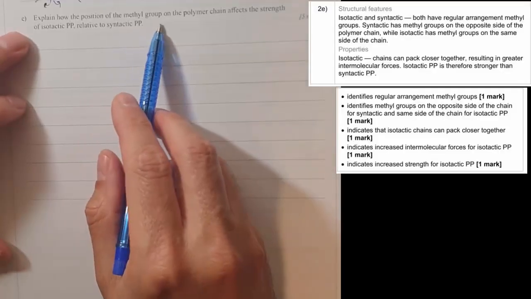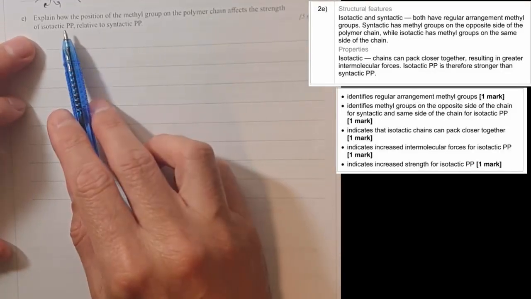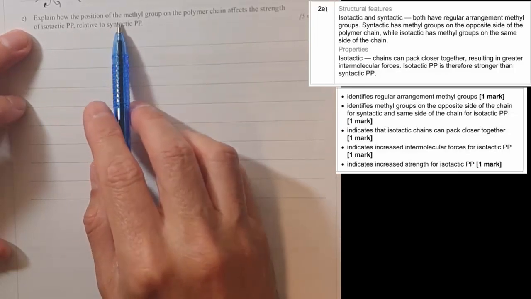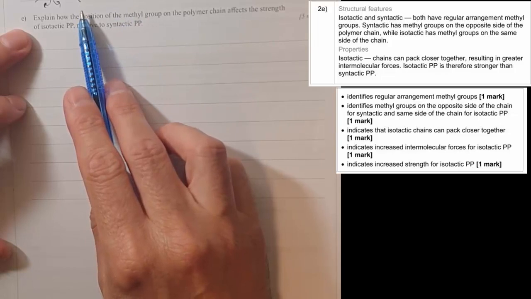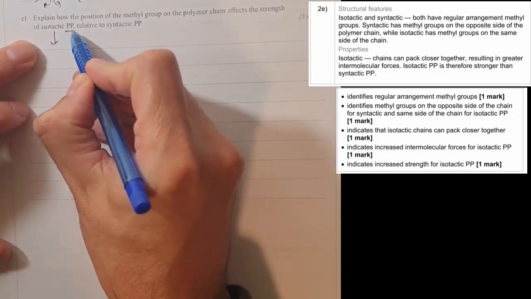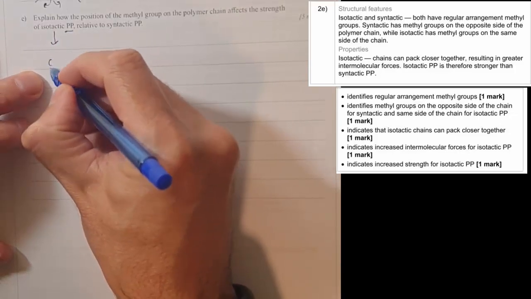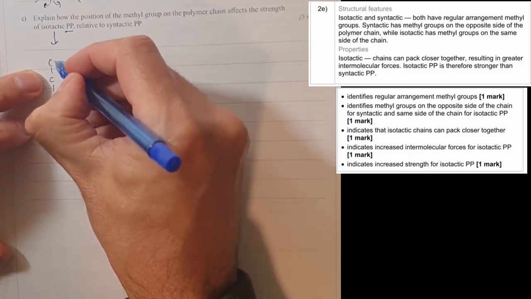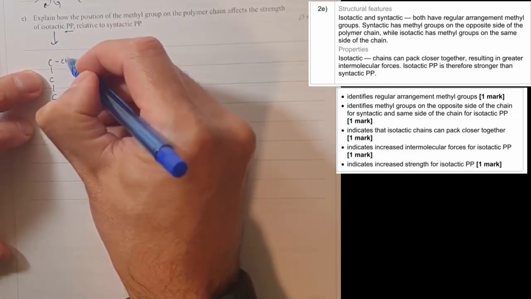Explain how the position of the methyl group of the polymer chain affects the strength of the material. I have to assume it's for this polypropylene. So isotactic. Oh, it is polypropylene. So you're going to have your chains here, and you're going to have this thing pop up. So every two, there's going to be your methyl group.